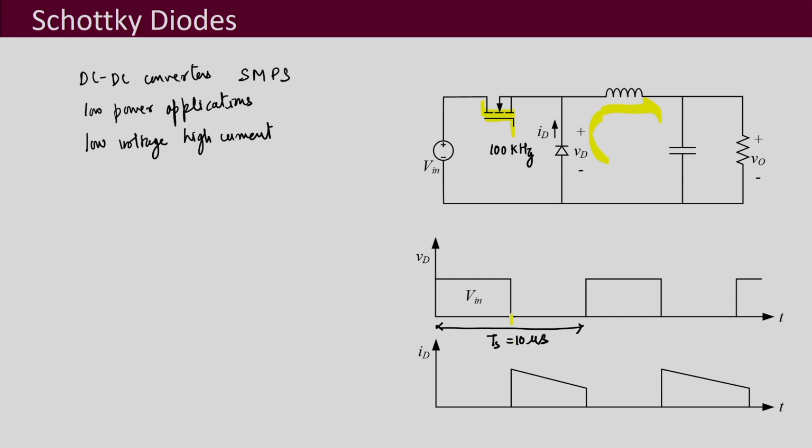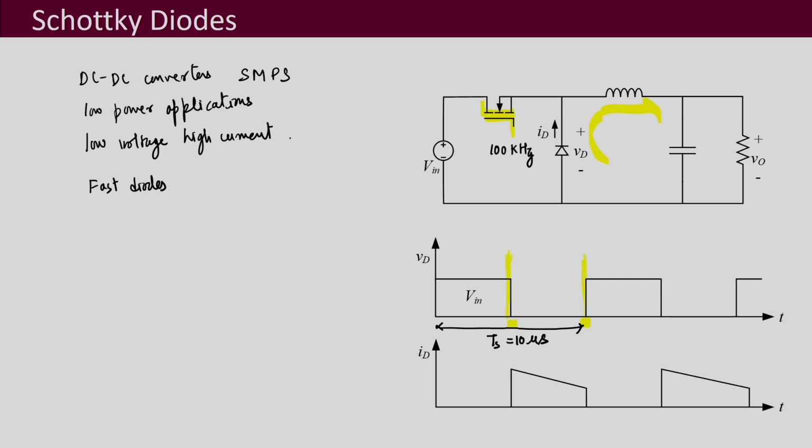Now what we see is that this diode turns on over here and turns off over here. So, this period is very short. That means for this kind of application, what we need is very fast diodes, where turn on and turn off times are very small.